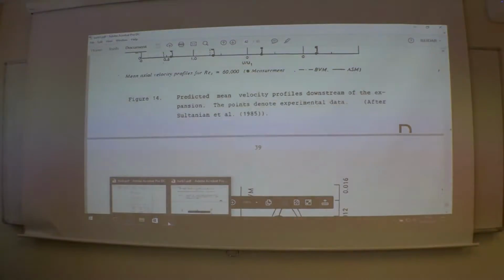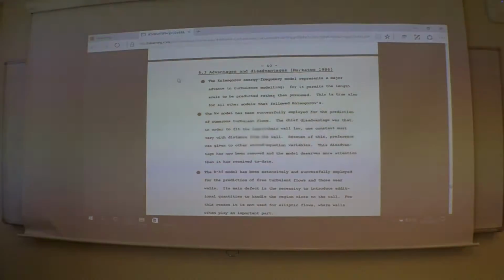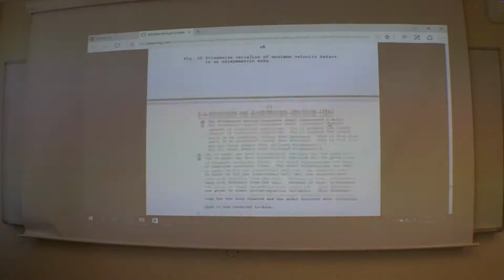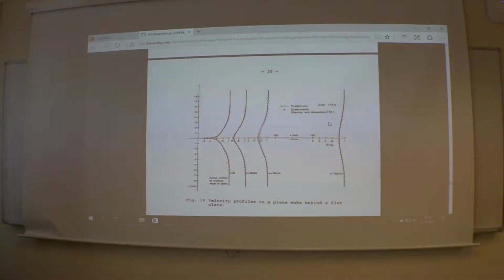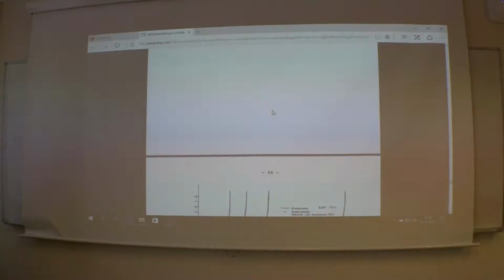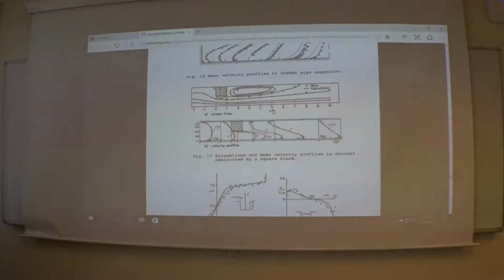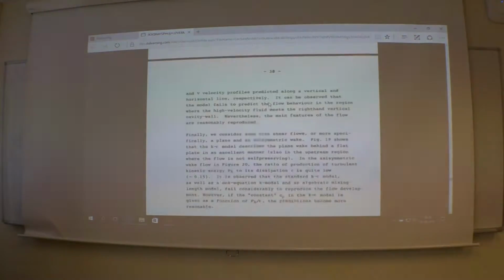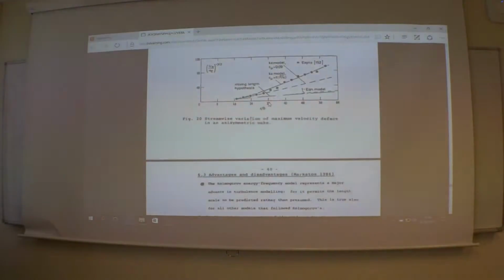You find in these lecture notes in turbulence modeling several of these examples as well. So, velocity profile in a wake behind a flat plate, expansion, and well, a lot of different problems there.